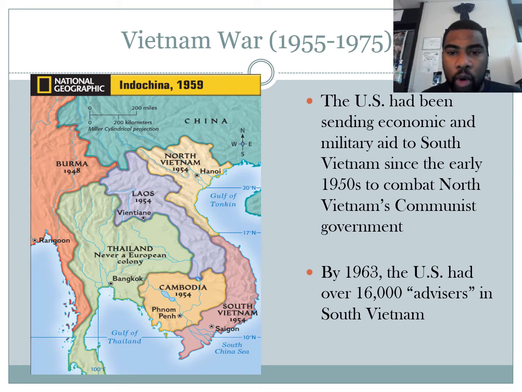All right, Vietnam War, that was from 1955 to 1975, so 20 years. The U.S. had been sending economic and military aid to South Vietnam since the early 1950s to combat the North Vietnamese communist government. By 1963, the U.S. had over 16,000, excuse me, advisors in South Vietnam.